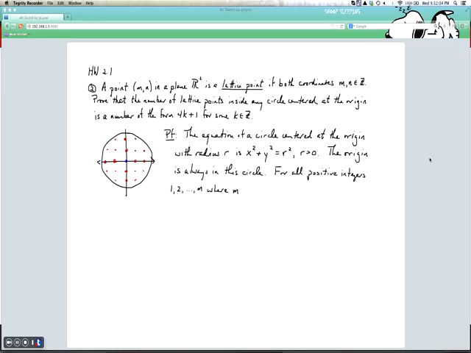Better just put less than, because inside, we didn't want to talk about the boundary, did we? Less than r. We have the points on the axes.